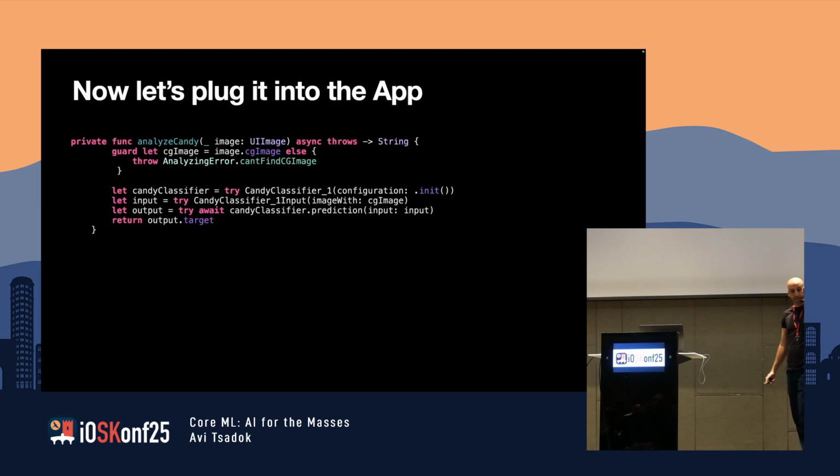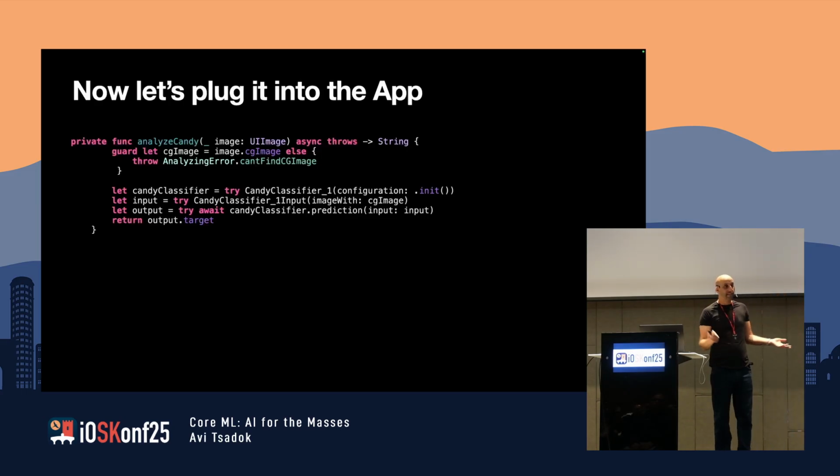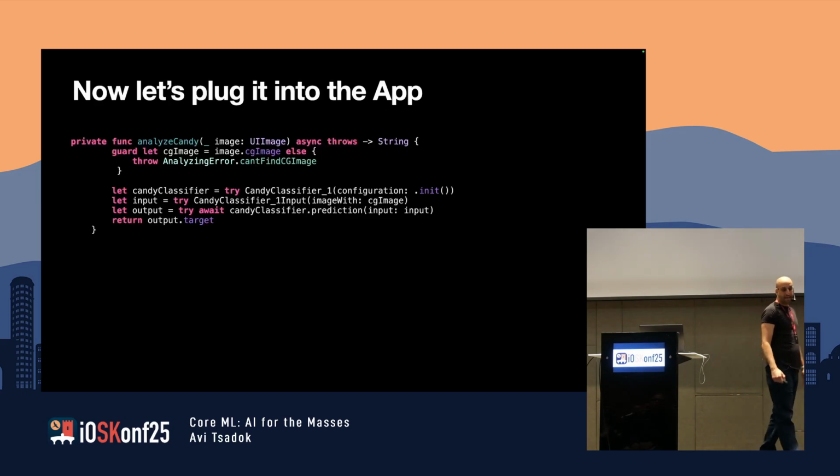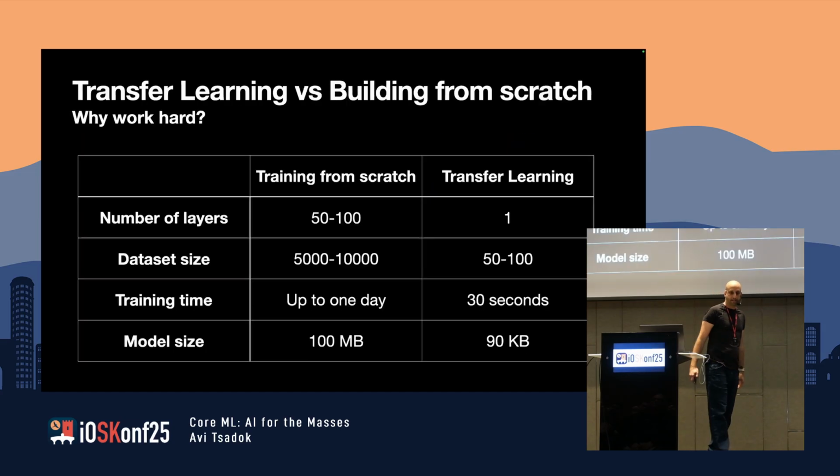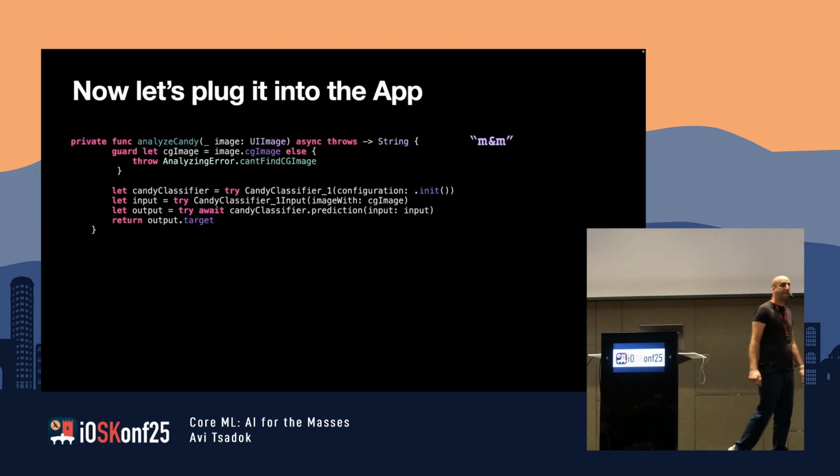So all you need to do, like before, is get the CGImage, initialize the candy classifier, which is the name of the class, with the image, you call the prediction function, and you get the class back, which is the M&M in this case.